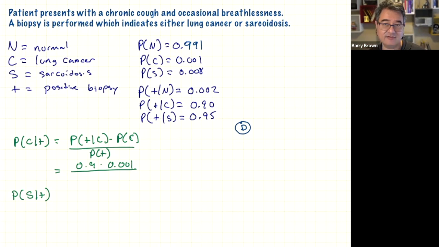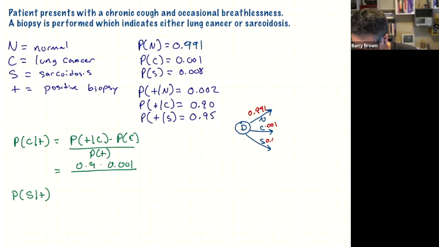Okay, so you have some kind of disease here, and it's either going to be normal, or cancer, or sarcoidosis, and we got numbers for that. We got 0.991 and 0.001 and 0.008. And then you got this test.